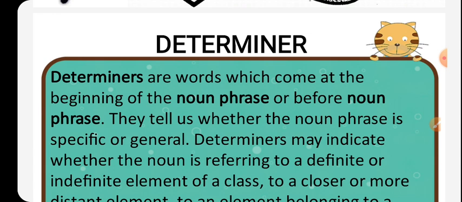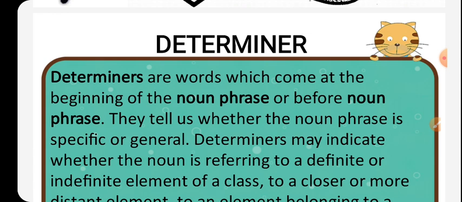They never describe. Determiners only tell us whether the noun phrase is specific or general. So firstly, what you have to remember: determiners are words which come before the noun and they tell us whether the noun is specific or general. That's it.